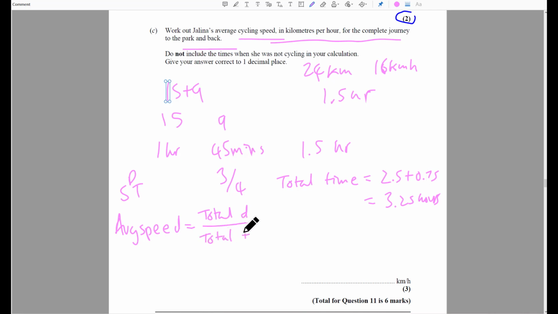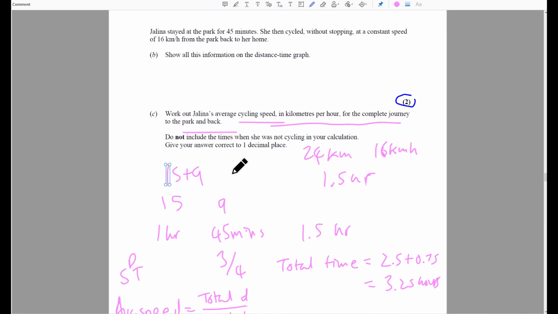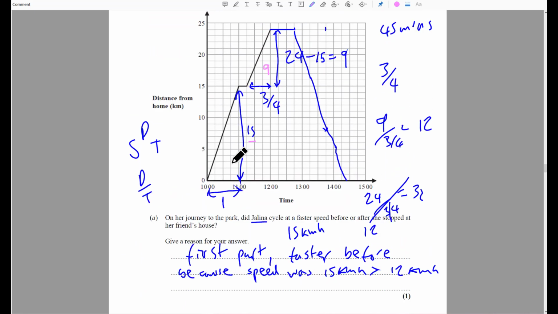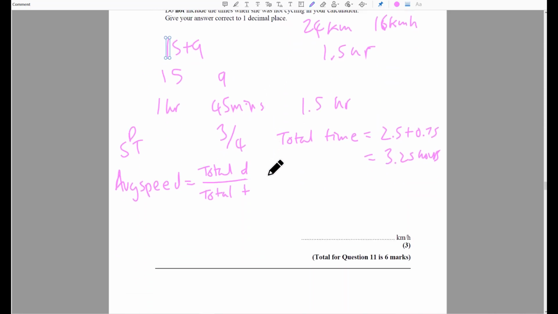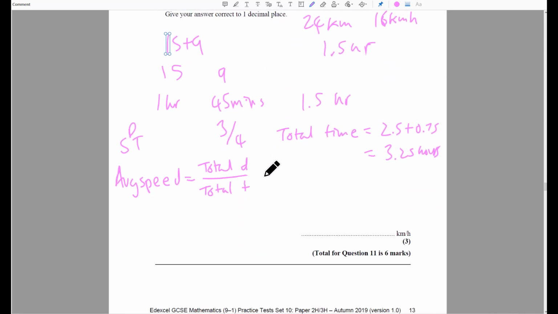That's why we're working out the time. And we need to now work out the distance. Now, how can we work out the distance without doing anything complex? Well, the distance she travelled was 24 kilometres there and back, so that's 48. 48 divided by 3.25.